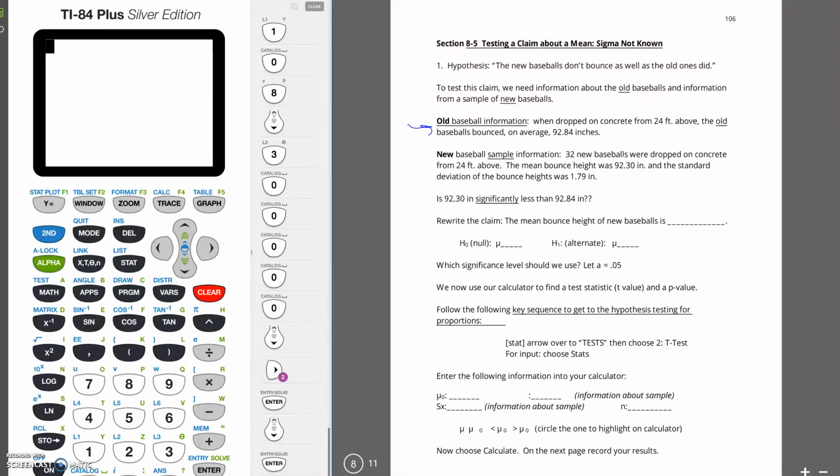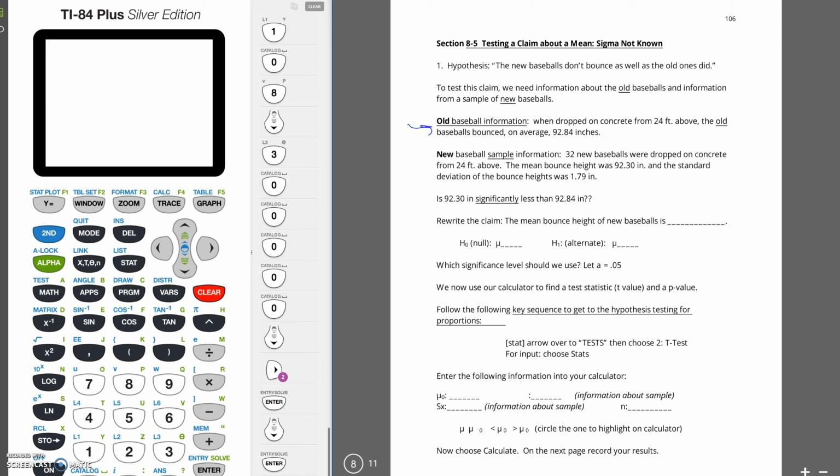The new baseball sample information: 32 baseballs were dropped on concrete from 24 feet above. The mean bounce height was 92.3 inches, and the standard deviation of the bounce heights was 1.79 inches. So we want to know, is 92.3 significantly less than 92.84?